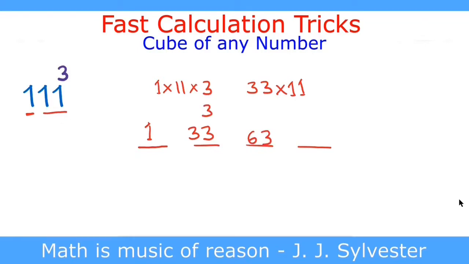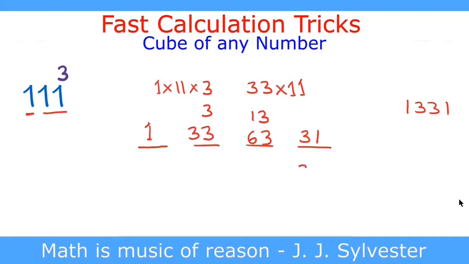In the fourth portion we will write the cube of 11, and cube of 11 is 1331, which we have already calculated while calculating the cube of 2-digit numbers in this video. So we write 31 from 1331 and carry 13, and we write 13 above 63.